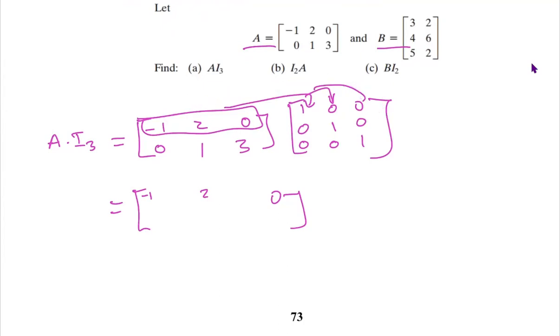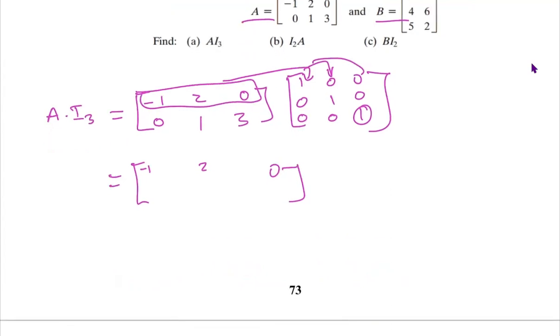I'm talking about -1 times 0 is 0, plus 2 times 0 in the second column, plus 0 times 1, which is also 0. So that's 0. Well, obviously it's 0 because that's what it was. And we expect this to be the same as A.